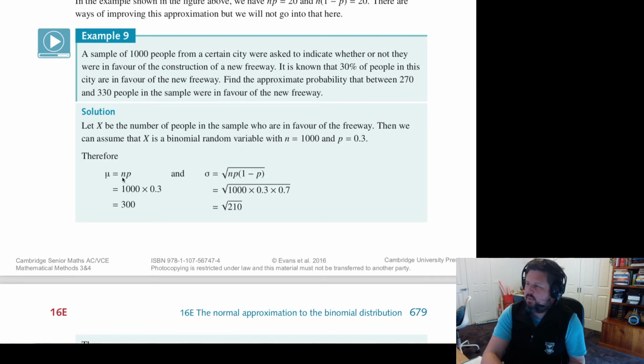Here n times p is easy enough, it's 300. For sigma, we can run the calculation, and you can just leave it as the square root of 210. So we have the mean and the standard deviation.